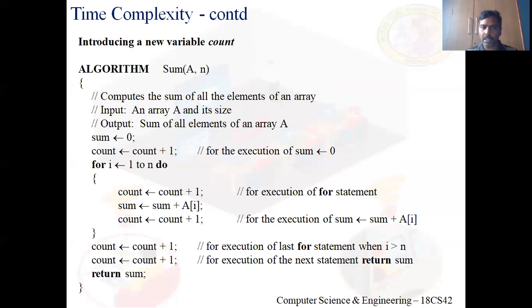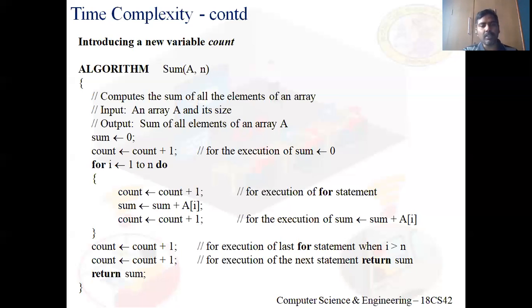I equal to 1 is condition true. Now where does control go? Condition true means control enters the loop. As soon as the control enters the loop, I want to reflect the execution of this for in count. So first I'll use count equal to count plus 1. Got it? So now the execution of for when I is 1 is reflected in count.